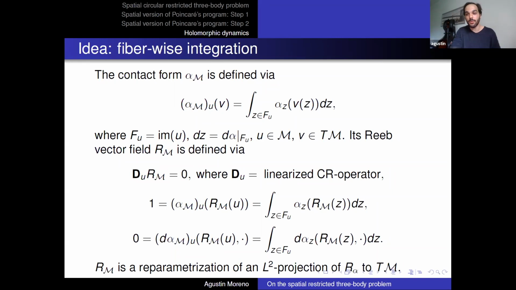In general, what you will have to do is take your original Reeb vector field and project it down to the tangent space of the moduli space, so that now it becomes a flow on the moduli space. And this is the Reeb vector field on the quotient. So it's just a reparameterization of a suitable L2 projection to the tangent space of the moduli space.